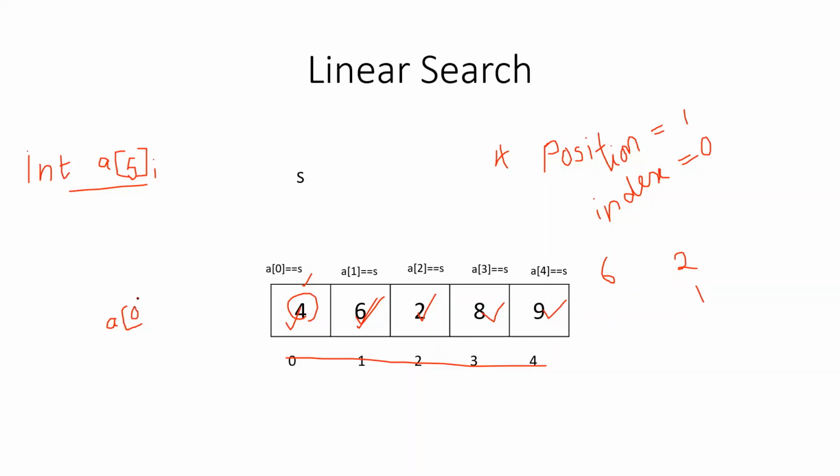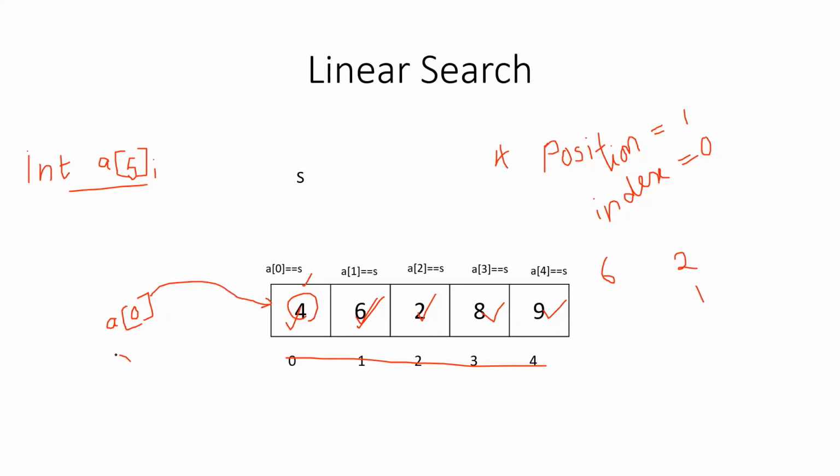If I write a of 0, it will refer to a of 0. Whenever we use a variable name, the computer will take its value, right? So when I refer to a of 0, the computer will refer to the element at a of 0, which is 4.